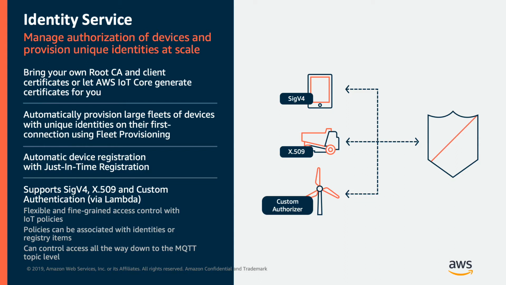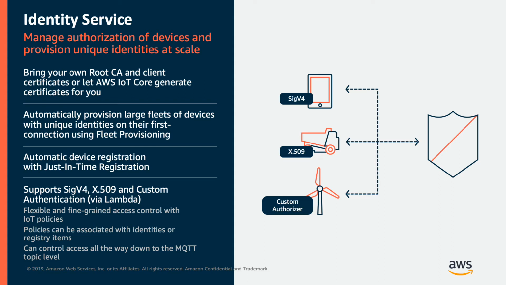If we highlight each of these categories, we start first with the identity service. Here you can bring your own root CA and client certificates, or let AWS IoT Core generate your root CA certificates for your devices to verify that they're communicating with AWS IoT Core and not some other server impersonating AWS IoT Core.